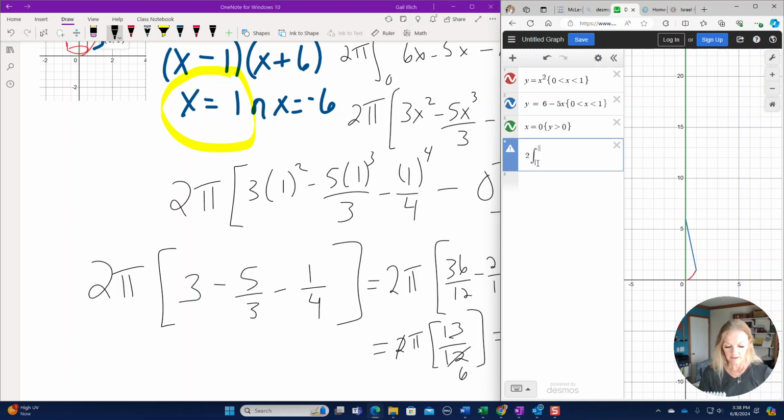So you're going to go from 0 to 1, and then parenthesis, the shell radius, which was x, times the shell height, which was 6 minus 5x, and then minus the x squared. Close that parenthesis, and then close this parenthesis, and then say dx. If you click on this little rectangle right here, it'll make it a fraction for you. And then just remember to plug in your pi.